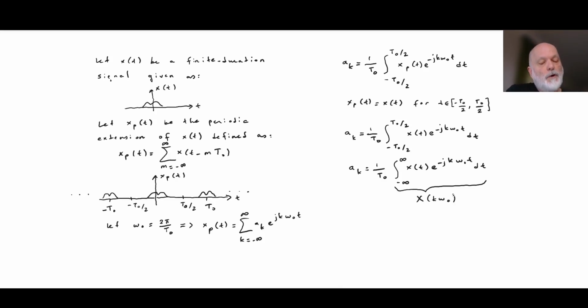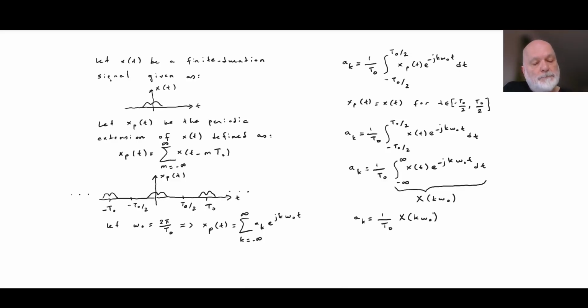Therefore, ak is equal to 1 over T0 times capital X of k omega 0. So this establishes a nice relationship between the Fourier transform of a finite duration signal and the Fourier coefficients of its periodic extension.